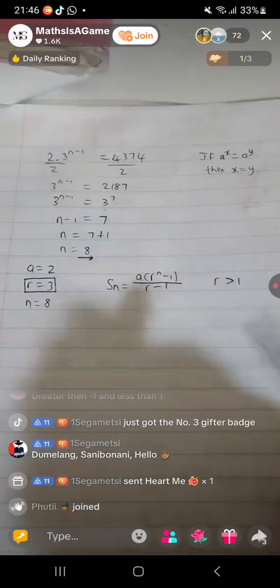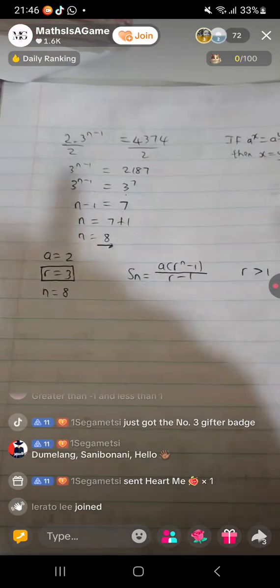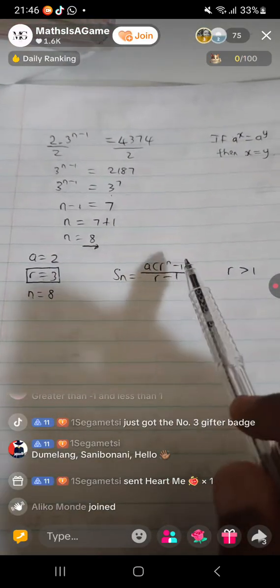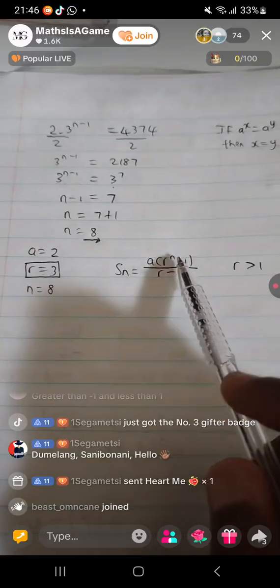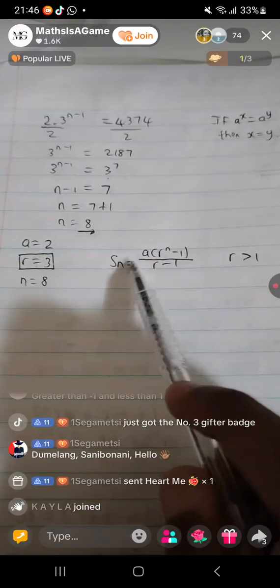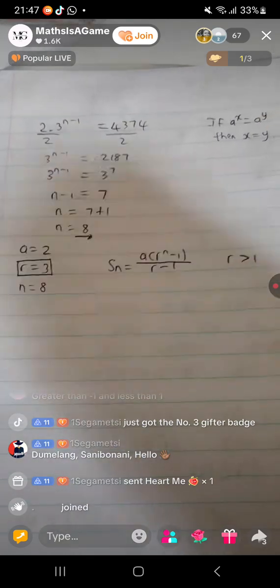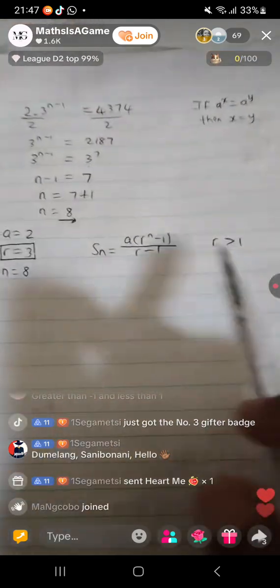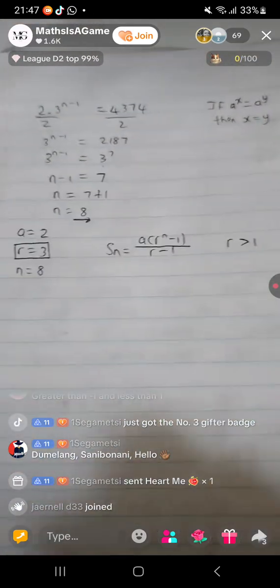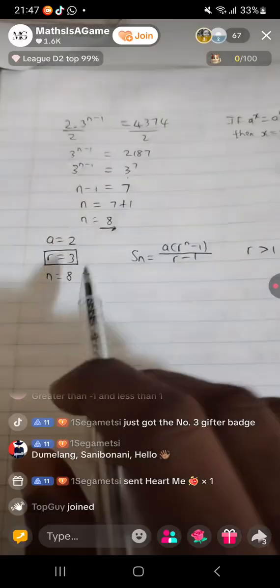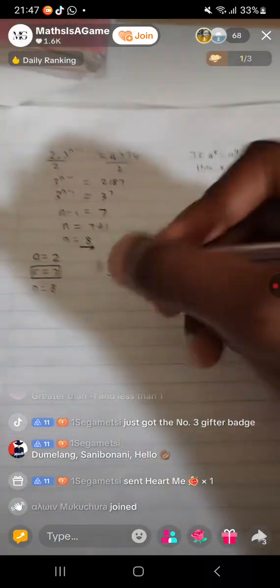If r was less than 1, there is another formula for the sum of n terms in a geometric series whereby it is a into 1 minus r to the power n over 1 minus r. That one we use when r is less than 1. But when r is greater than 1, we use this particular formula. All we do now is simply substitute.